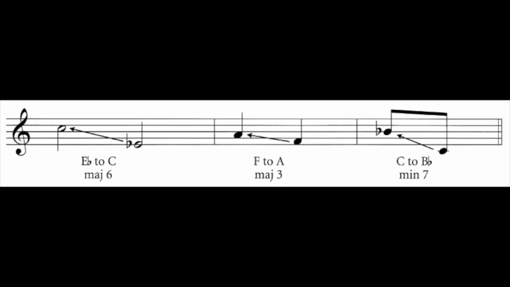So we know that it's going to be lower. If we count up from C: C 1, D 2, E 3, F 4, G 5, A 6, B 7. So we know from C to B is a seventh, and we know that B flat is not in the key of C major, so they've made it a smaller interval. Therefore, we name this interval a minor seventh.